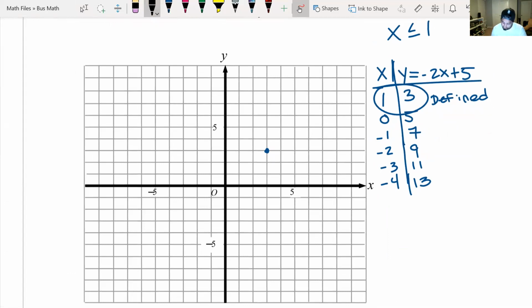Let's see, 0, 5, right there, negative 1, 7. Wait, oh, oops, sorry, that was way off. I did 3, 3, 1, 3, which is there. 0, 5, negative 1, 7, negative 2, 9.